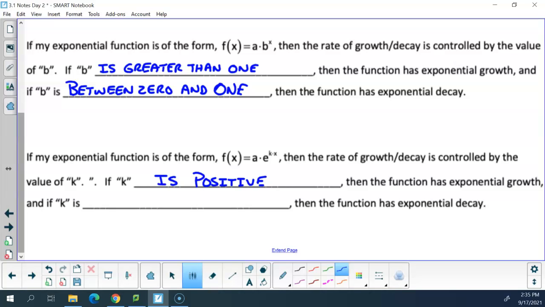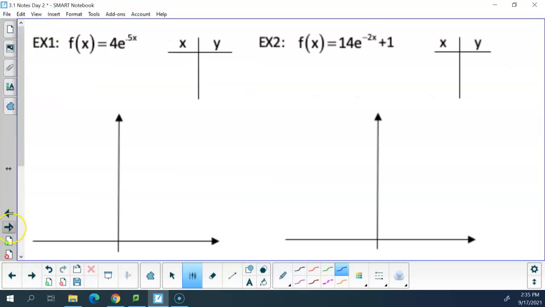And if k is negative, then the function has exponential decay. Okay. So, put it to work.